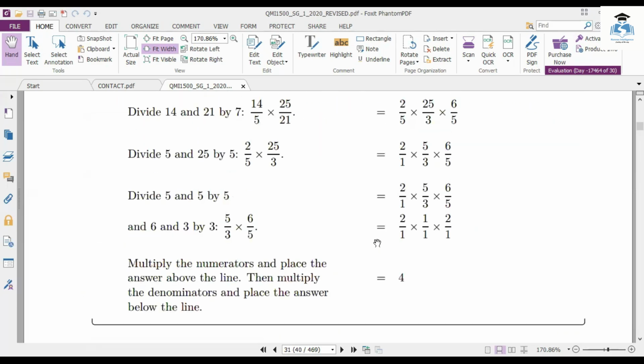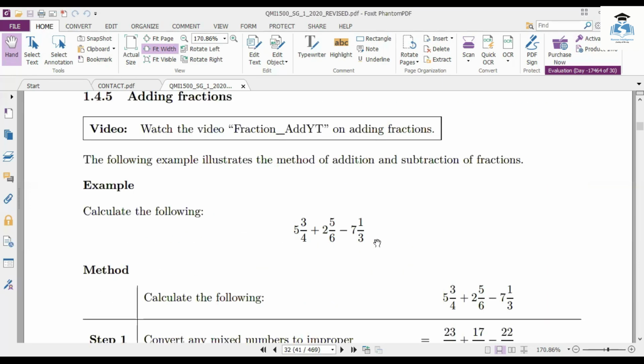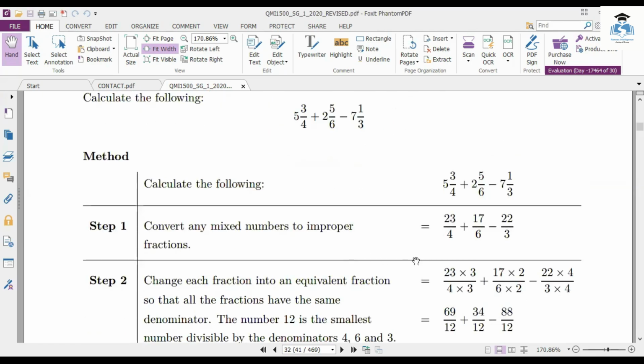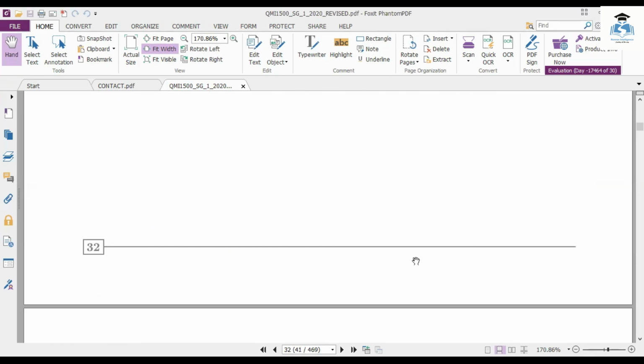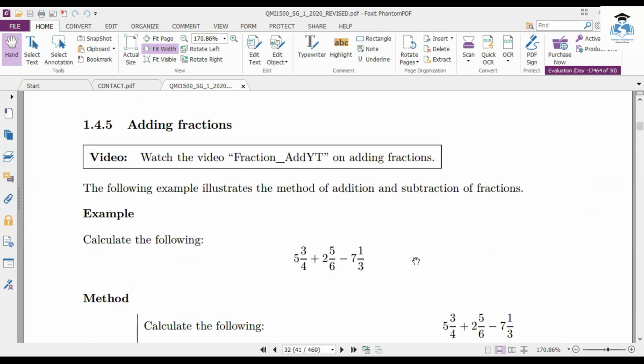Addition of fractions, you can even use the calculator. It can also give you the answers as well. You can try out, maybe for the sake of those who want to know once more. Let me bring my calculator up.